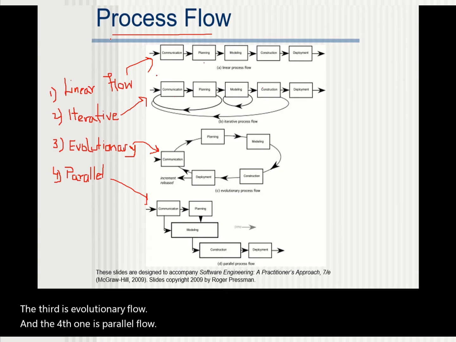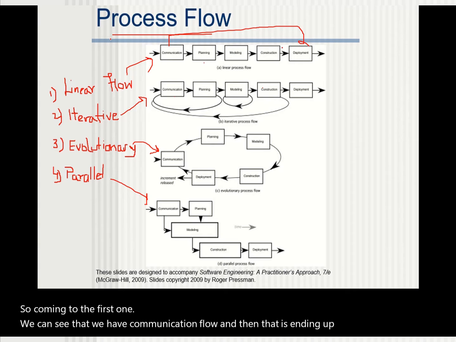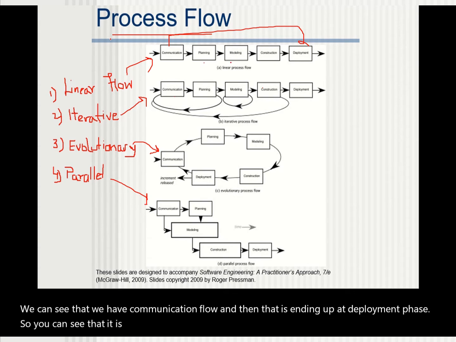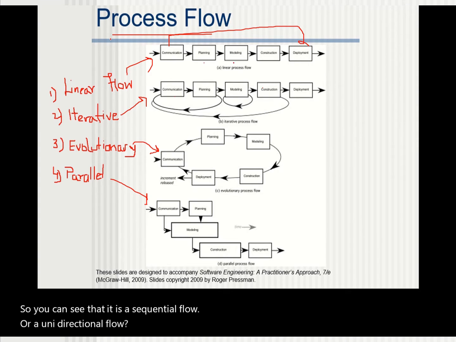Coming to the first one, we can see that we have the communication flow, and then that ends up at the deployment phase. So you can see that it is a sequential or unidirectional flow. It is not letting you move in a backward direction in any case.